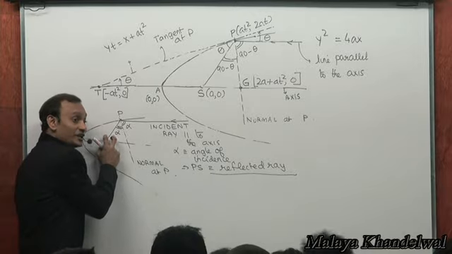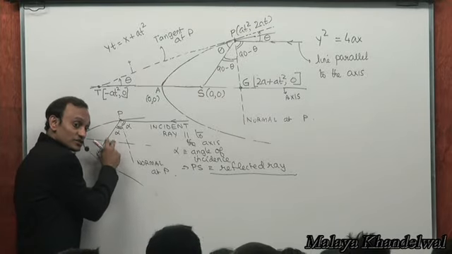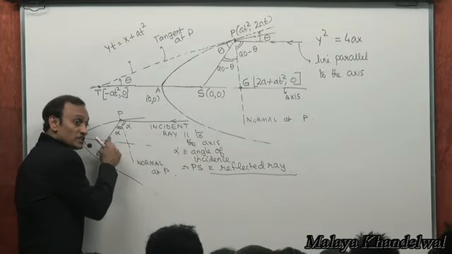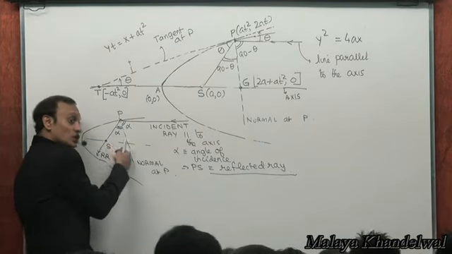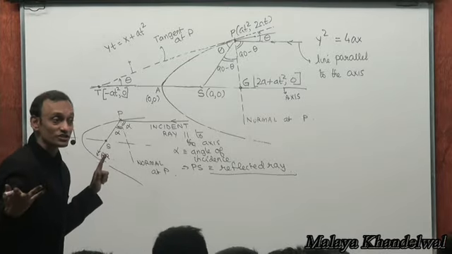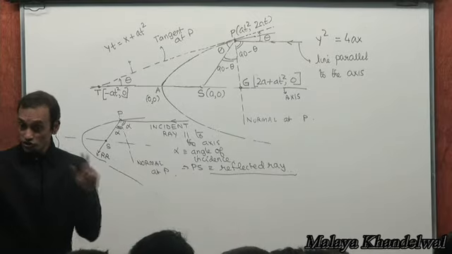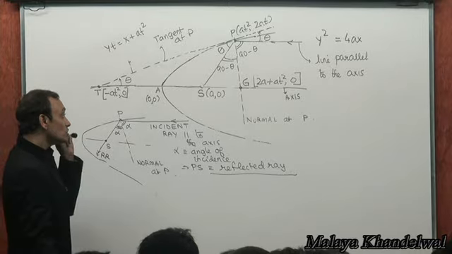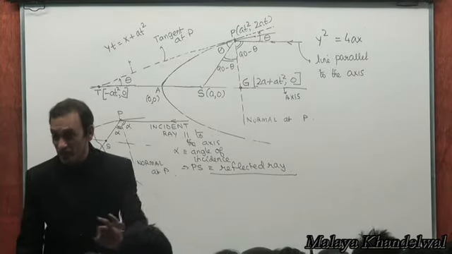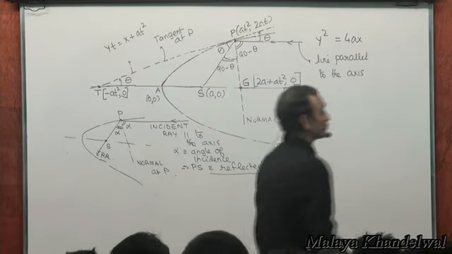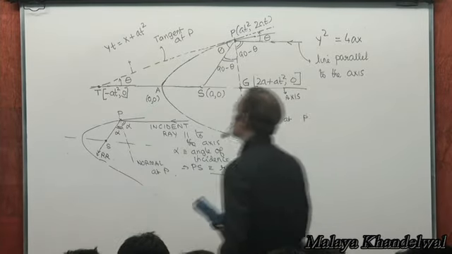So this is a very high intensity region in terms of light, because all rays parallel to the axis are converging to S, the focus. That's why it's called the focus. This is commonly referred to as the reflection property of the parabola. Very useful property, I have to admit.